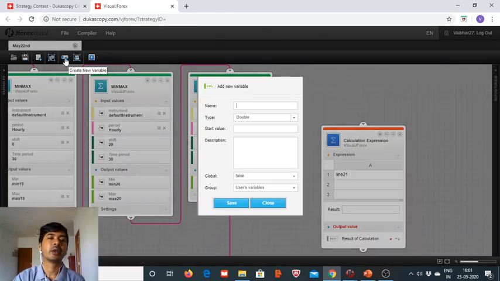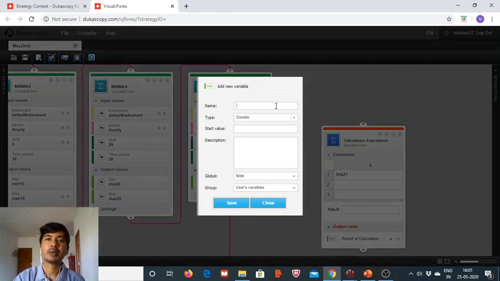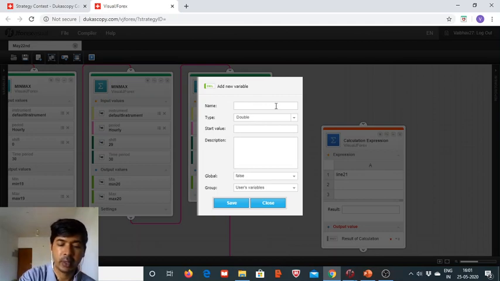And here we create a new variable, type is double, and we make it stop loss difference SD, and it will be 0.2.